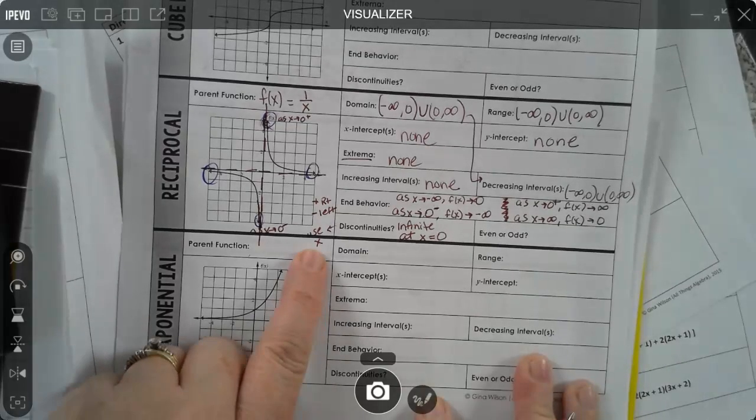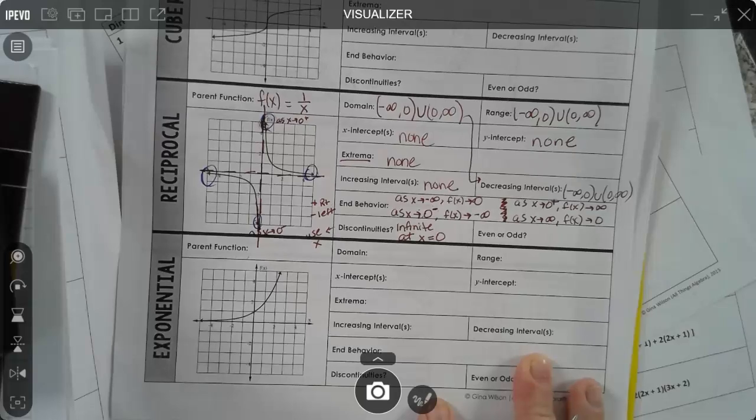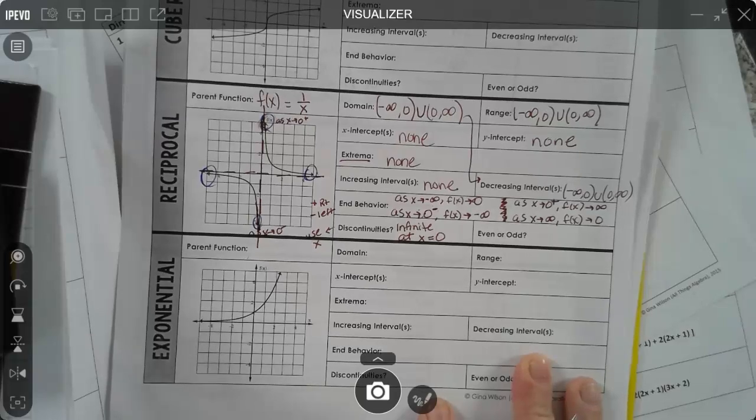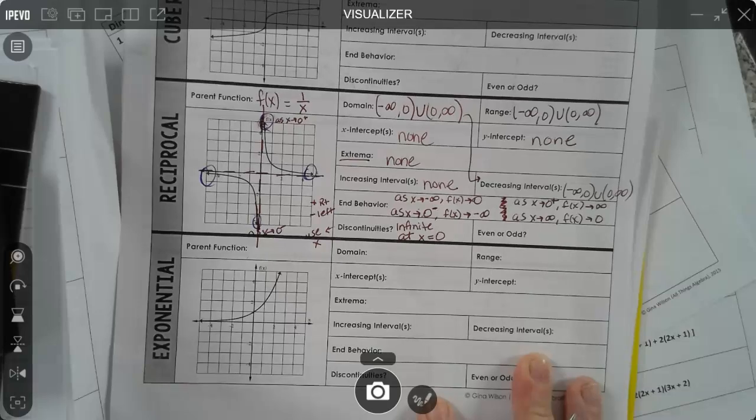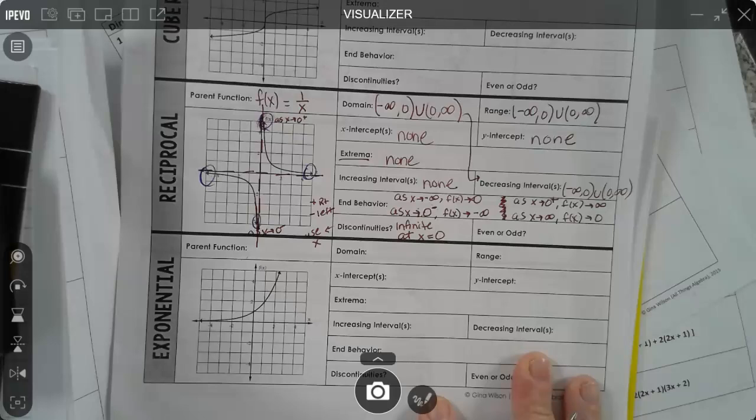I'm always describing with x. X always tells you where, y always gives you a value. Because it's an asymptote there. Asymptotes make infinite discontinuities always.